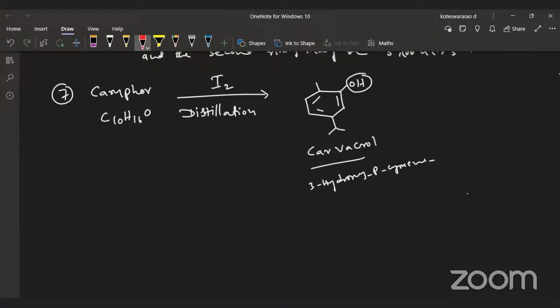Therefore, we can write the conclusion here. In carvacrol, the OH group is adjacent to the methyl group.